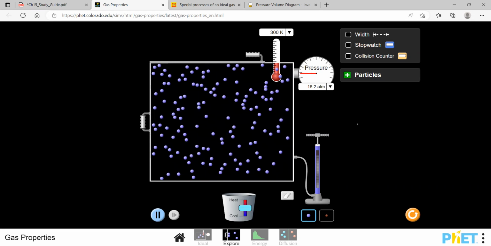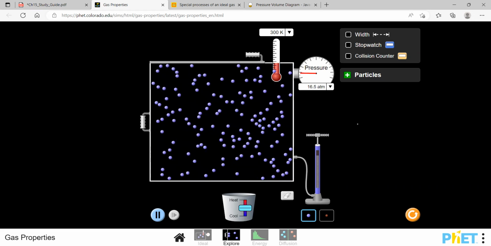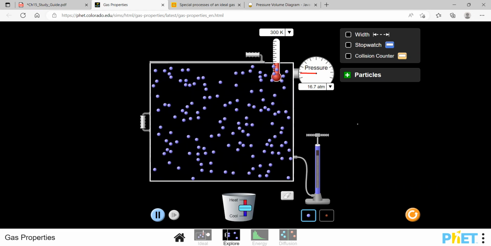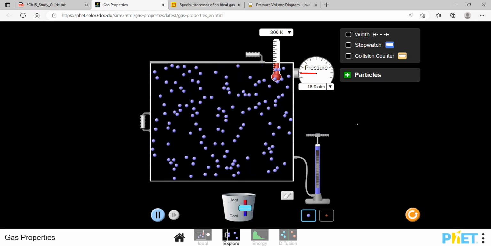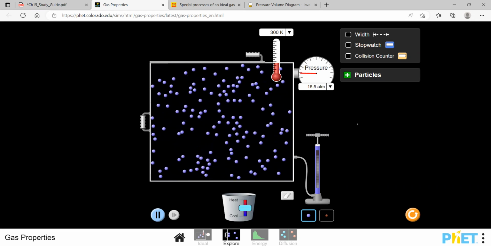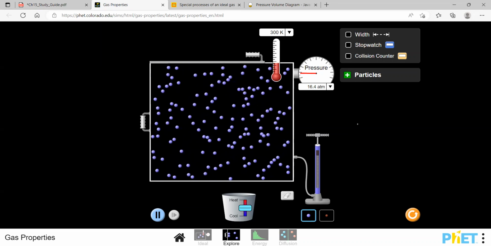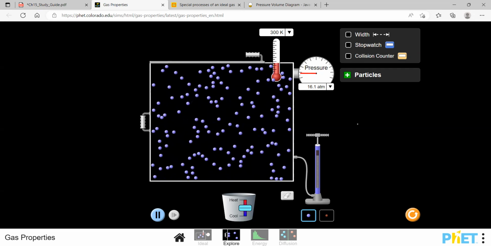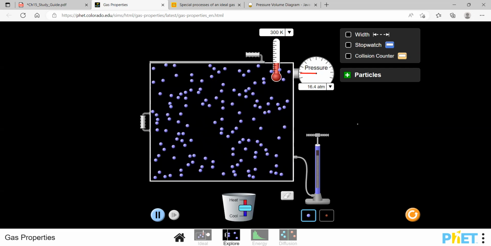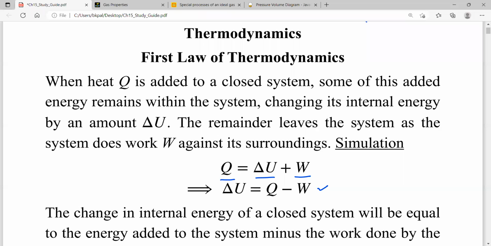Now, here I cannot directly show the change in internal energy. But I can show that the temperature of the system changes. Remember that in the last chapter you learned about the internal energy for a monoatomic gas and diatomic gas.